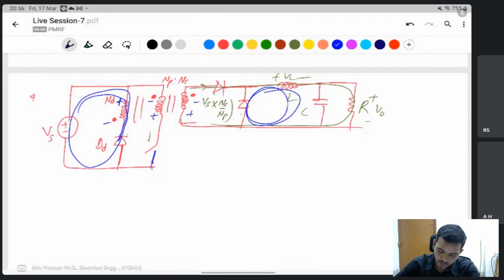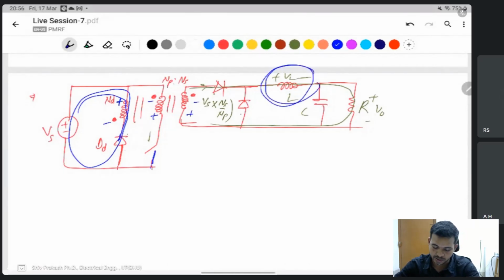Then what will be the output voltage? To find the output voltage, take the volt-second balance of the inductor. If you apply this, then VL into dT plus VL into (1 minus d)T is equal to 0. And what is VL?